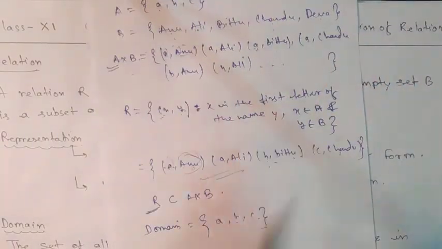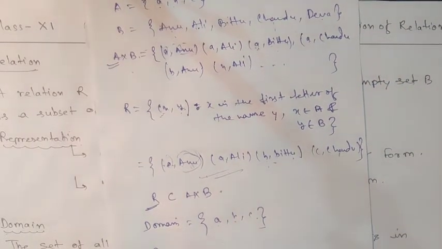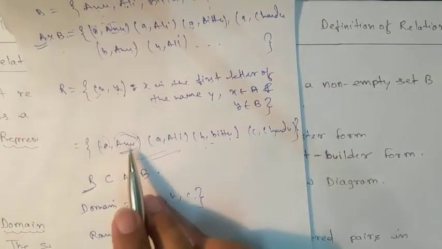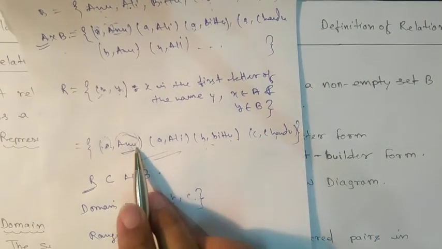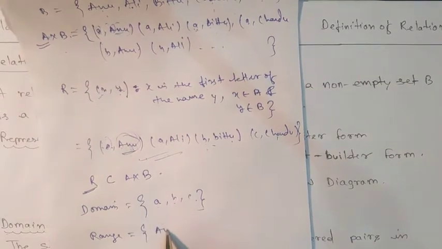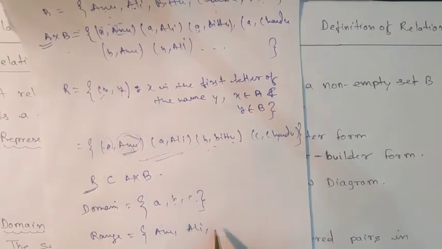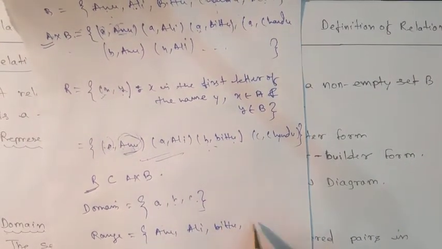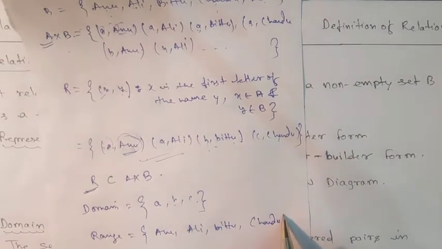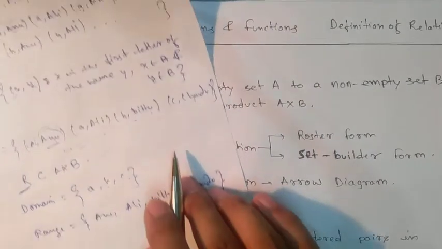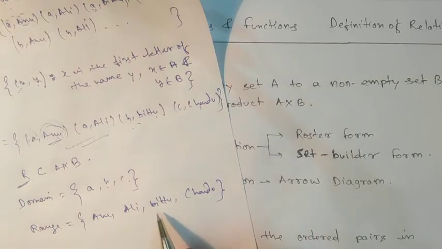And the next one is range. Range means what, sir? Range means the set of all second elements. So here Anu, Ali, Bittu and Chandu. You can see that Deva is not there.